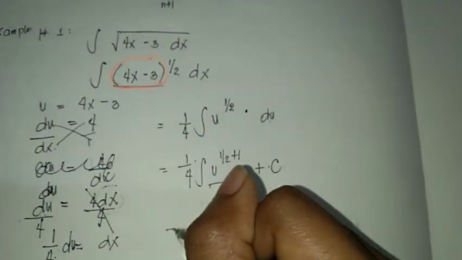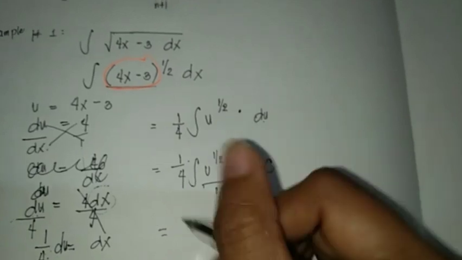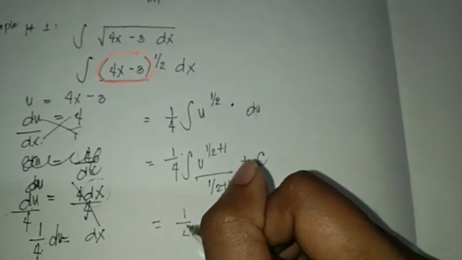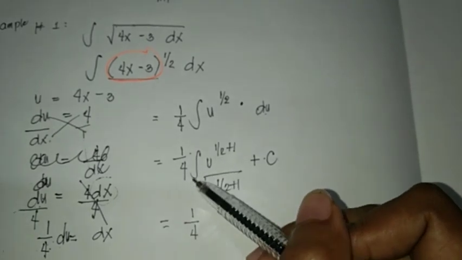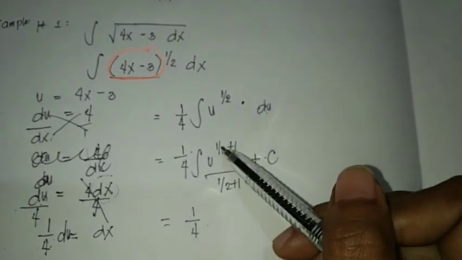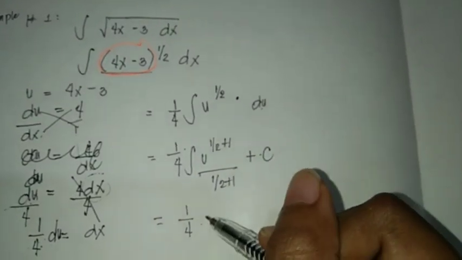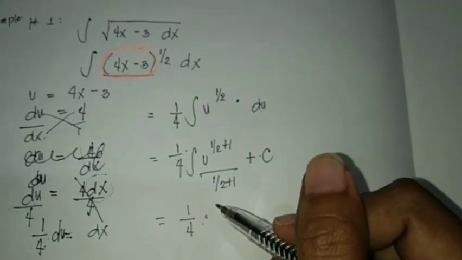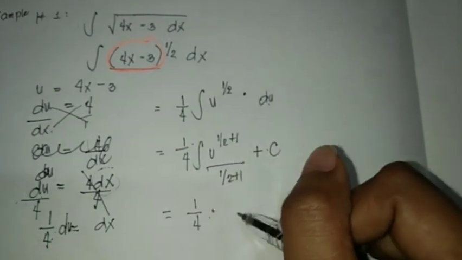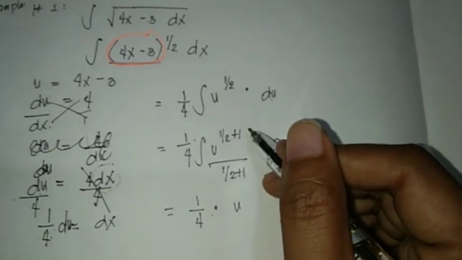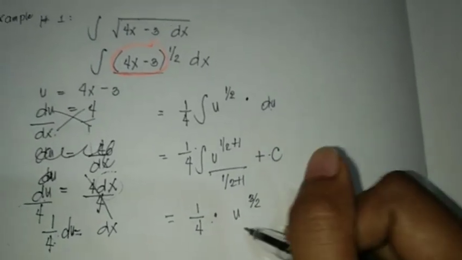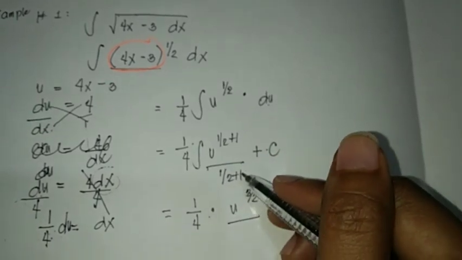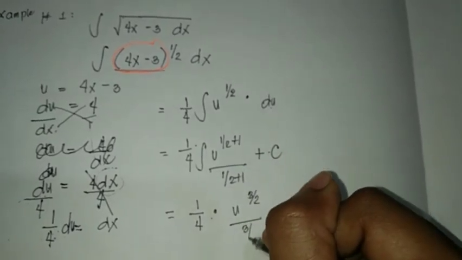Next, we need to simplify our exponent, and we put a multiplication sign. So 1/2 plus 1 is 3 over 2, over 1/2 plus 1, which is 3 over 2.